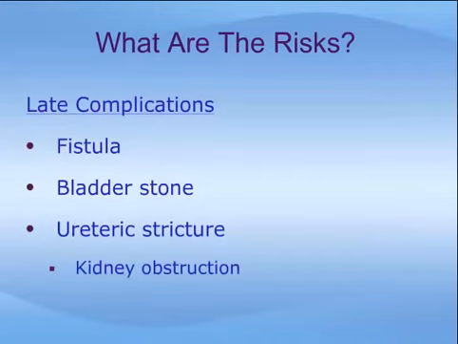Late complications may also occur following vaginal hysterectomy. As already mentioned, injury to organs in the area may lead to fistula formation, stricture of the ureter with complete or partial obstruction, or stone formation in the ureter or bladder. These are certainly unfortunate complications to develop, but they are really quite rare.